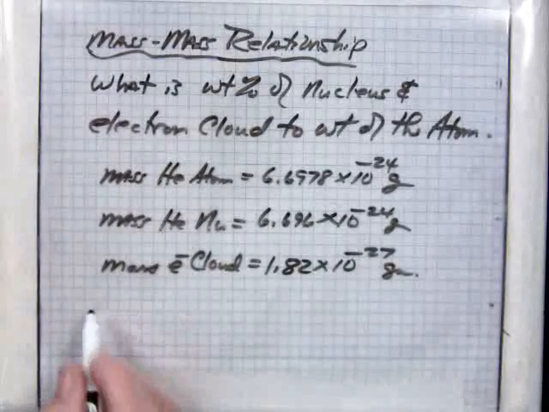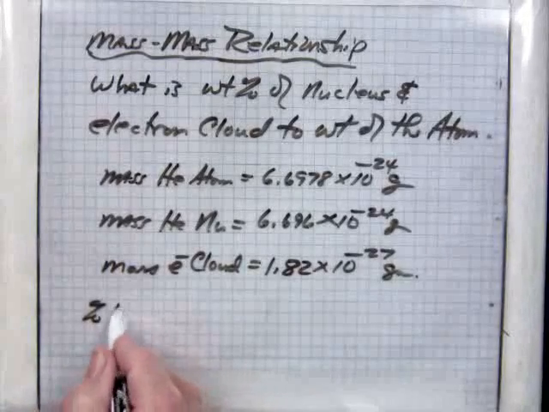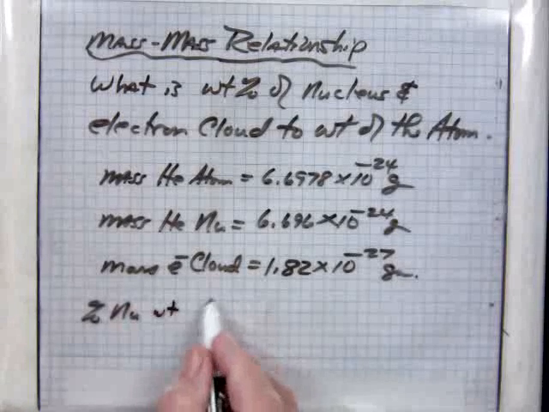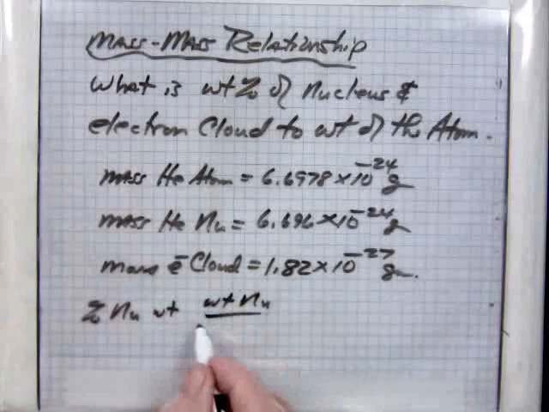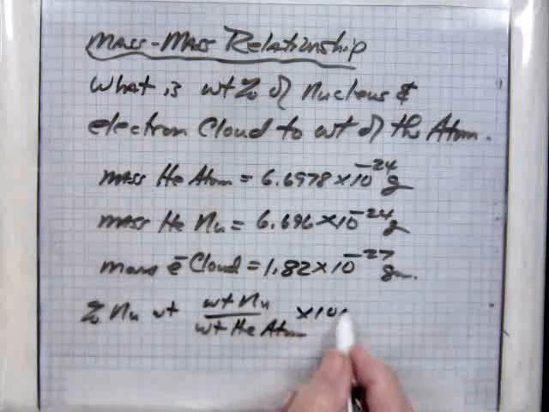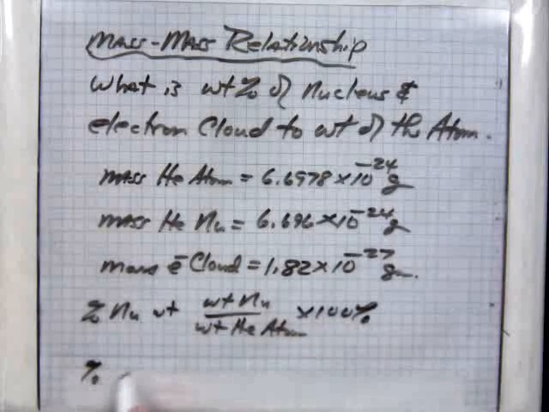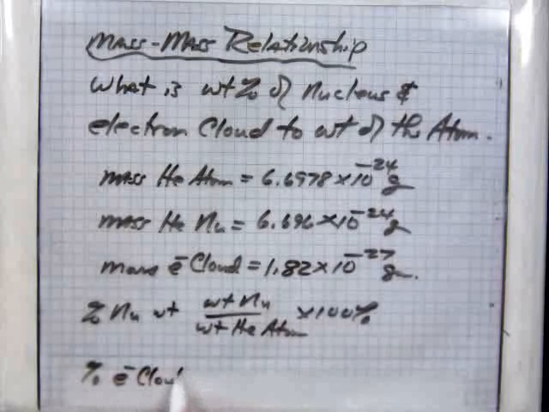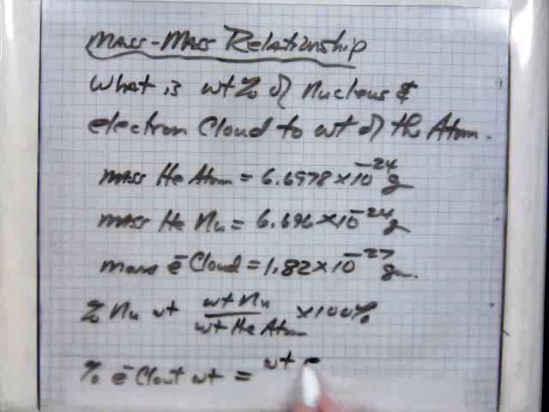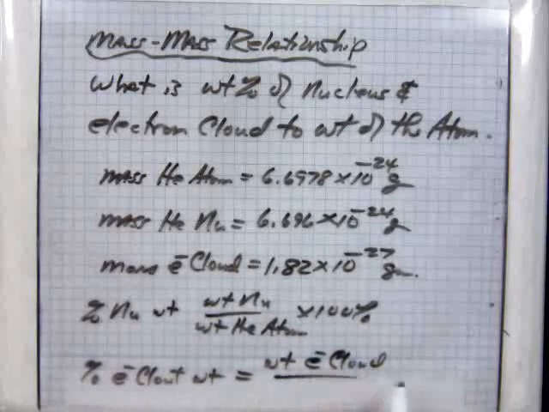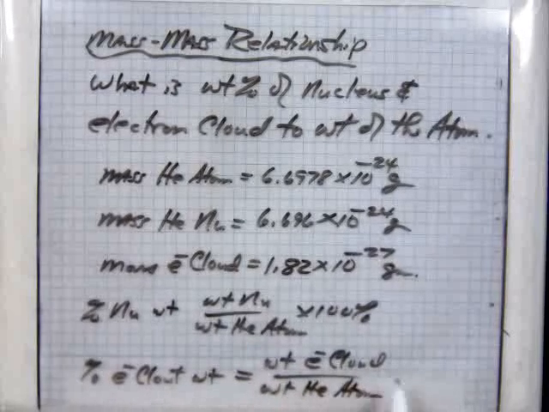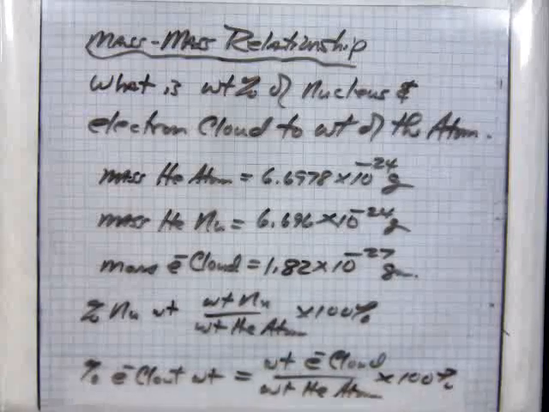Now, of course, the percent of nuclear weight would be the weight of the nucleus over the weight of the helium atom times 100%, and the percent of the electron cloud by weight is equal to the weight of the 2 electrons over the weight of the helium atom times 100%.